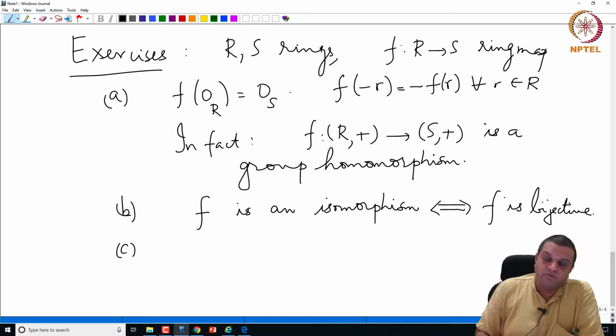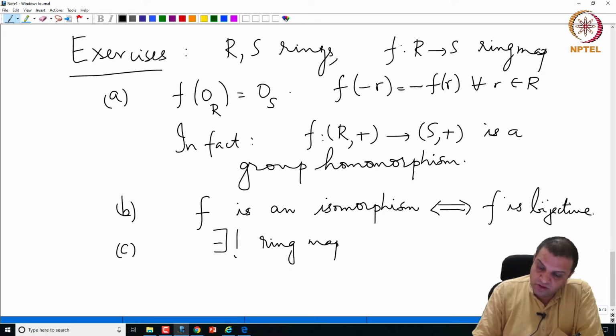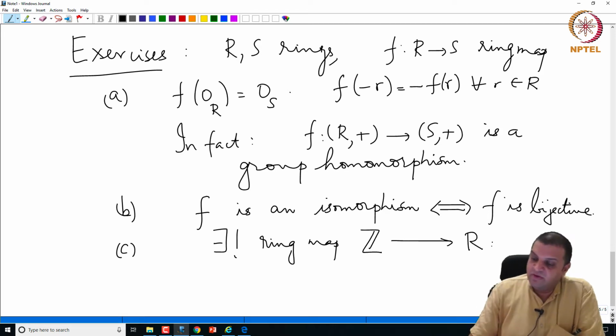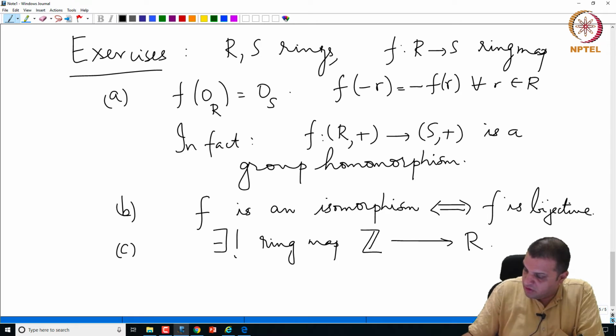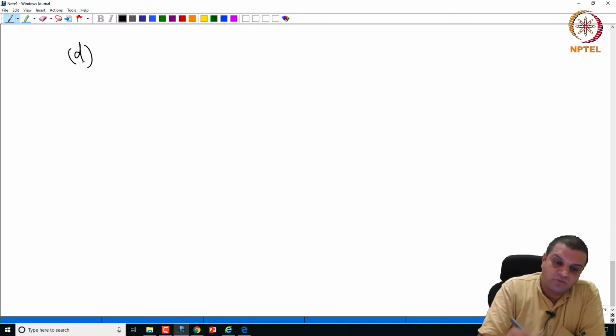Third exercise, there exists a unique ring map from the set of integers to any ring. Given any ring R, there is a unique map from the ring of integers. So this is a unique property of the ring of integers when we are studying rings. One more, so it needs a little definition.